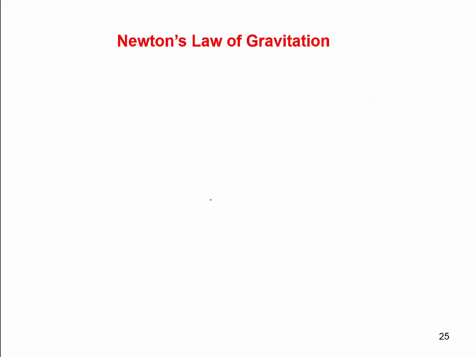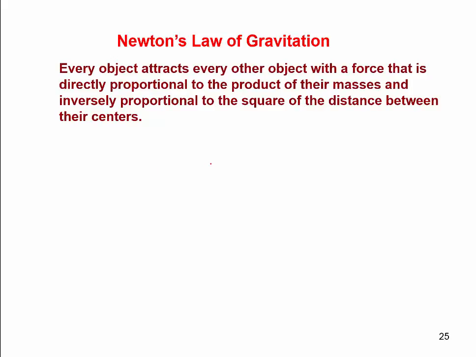Newton's law of gravitation. Now, all this motion is actually controlled by gravity. Newton said every object attracts every other object with a force that is directly proportional to the product of their masses and inversely proportional to the square of the distance between them.